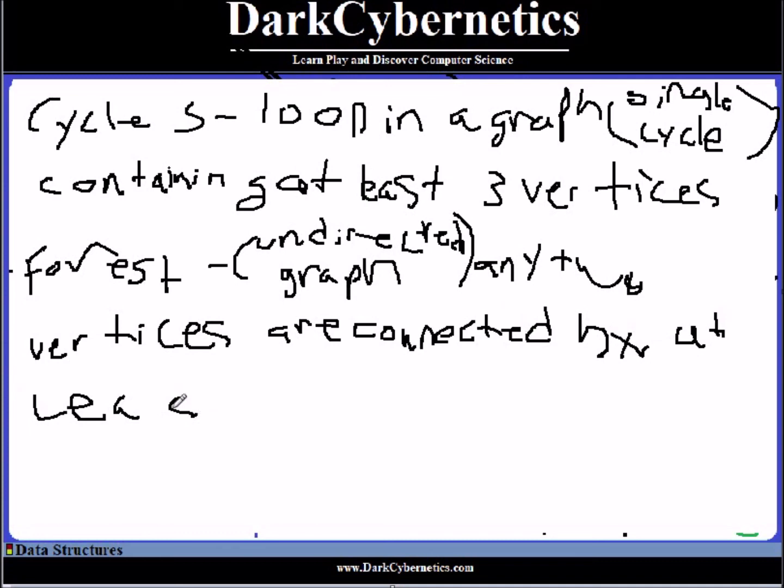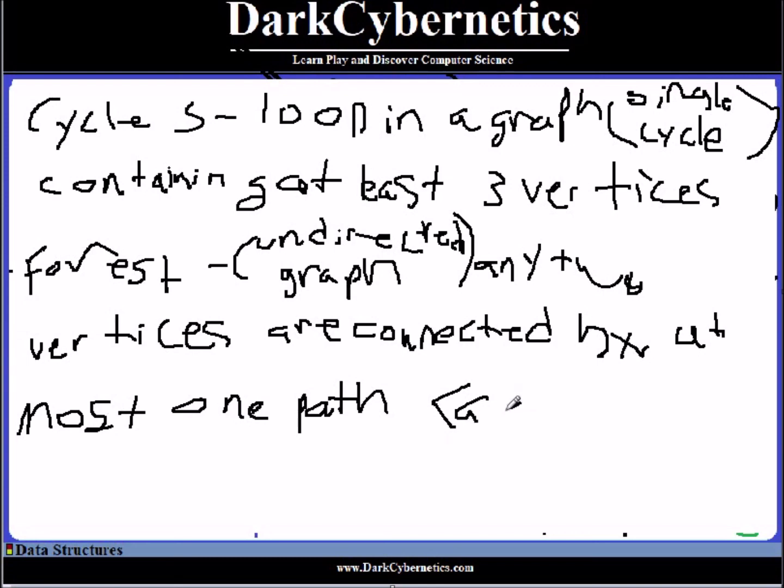So a cycle is a loop in a graph where a single cycle contains at least 3 vertices, and a forest is an undirected graph where any 2 vertices are connected by at most one path. Okay, that's right.